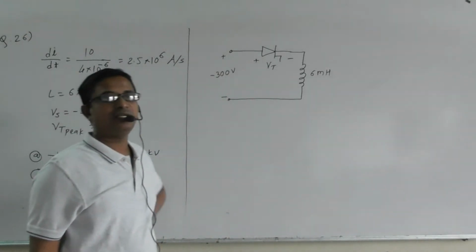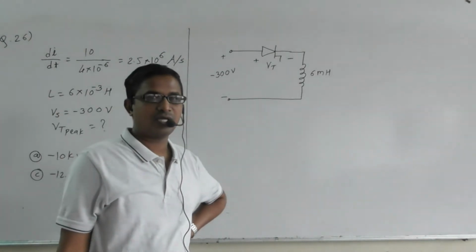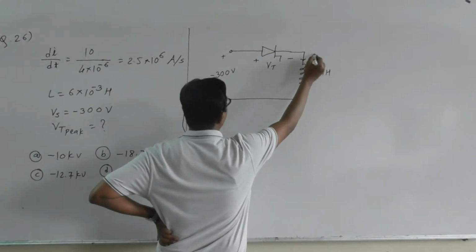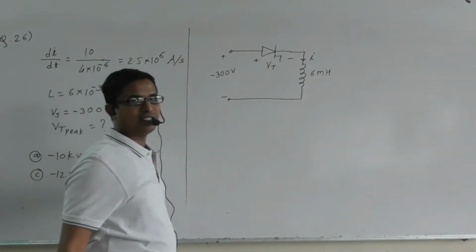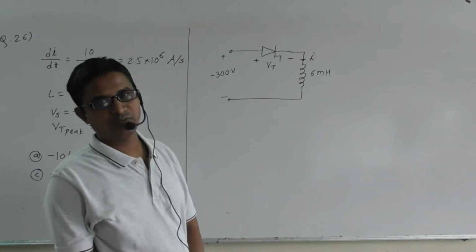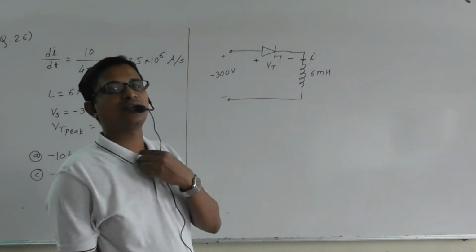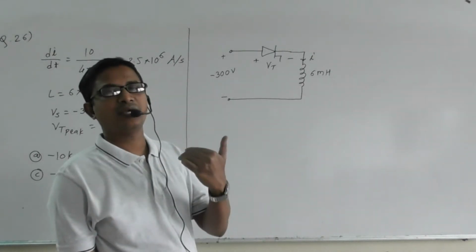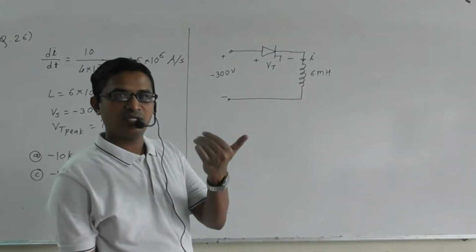Because we are interested in turning off the thyristor. Okay, so can we apply KVL? Yes, consider the current here is I. Initially the thyristor was in the on state, so the current flowing through the circuit was non-zero. In order to initiate the turn off process, we have applied the reverse voltage across the SCR.